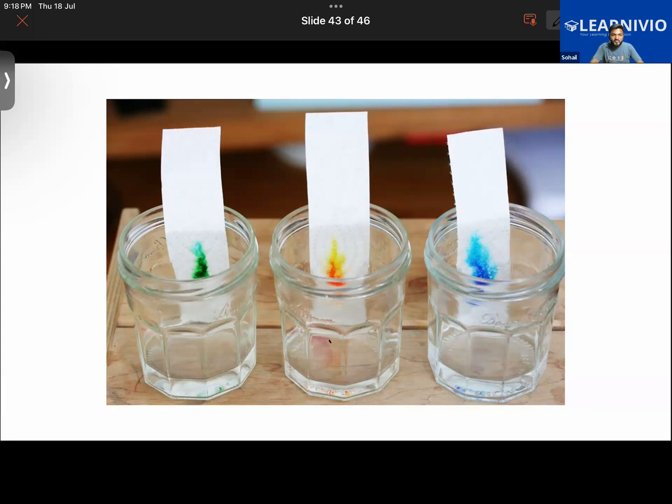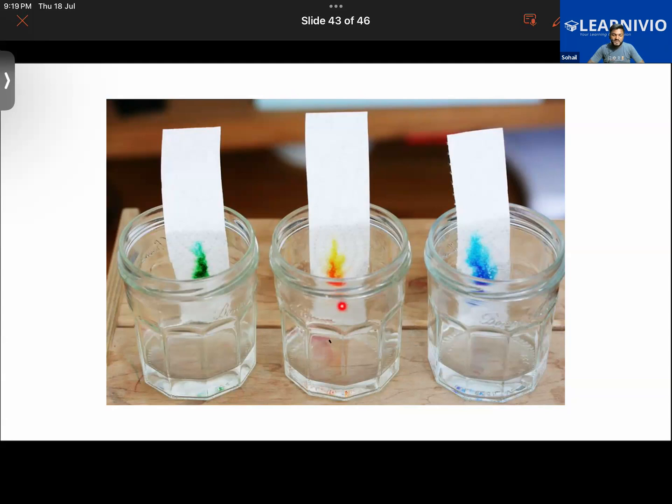As it is dipped into the water, we will observe spots of different colors appearing on the paper. Like for the middle one here, two different spots are visible, the red one and the orange one, and the yellow color is visible here.